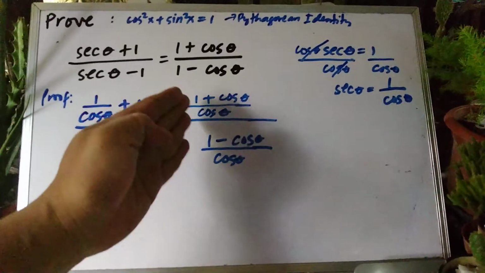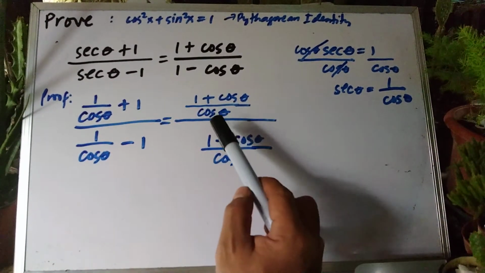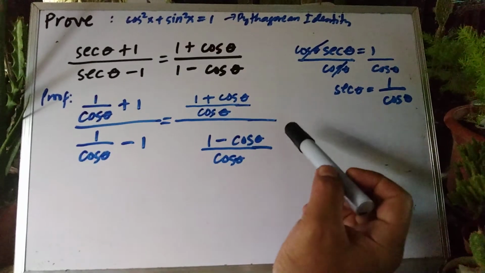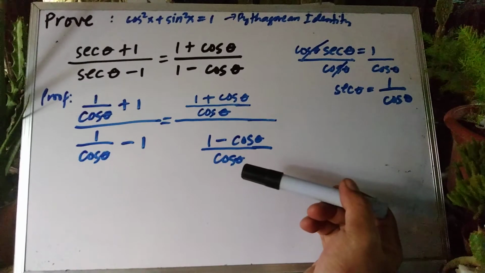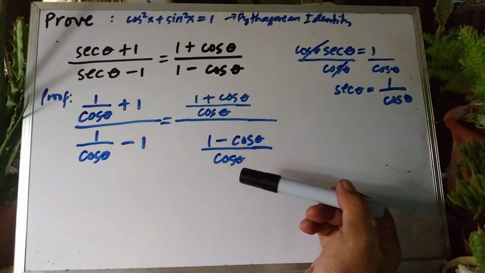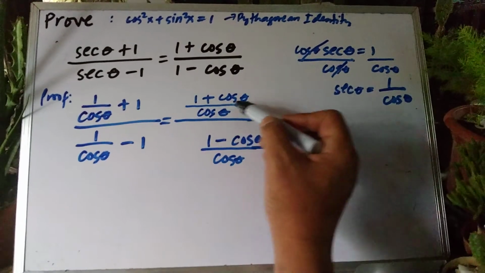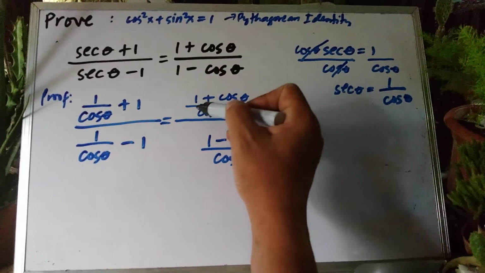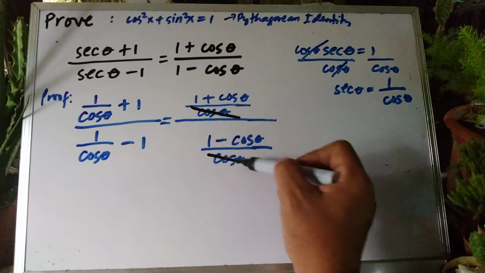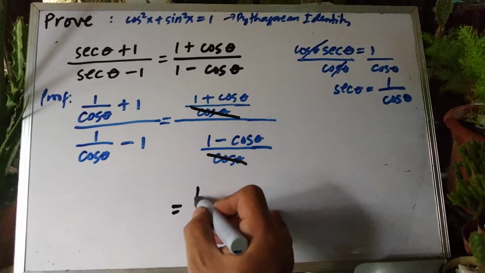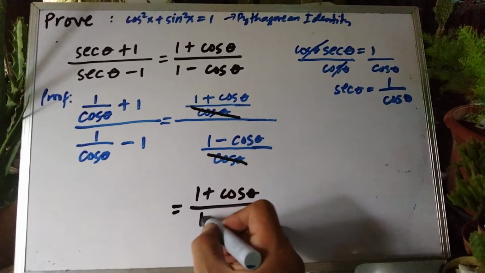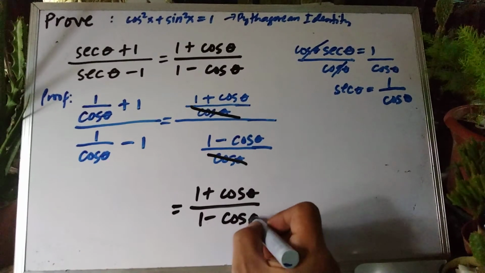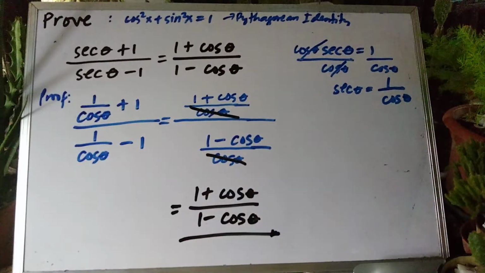Now, look at this. Pareho ng denominator cosine theta. Okay? Ang technique nito, kapag ang fraction pareha ng denominator at i-divide mo, you can directly cancel the denominator. You can cancel cosine. So, what is left? 1 plus cosine theta all over 1 minus cosine theta. And we are through.